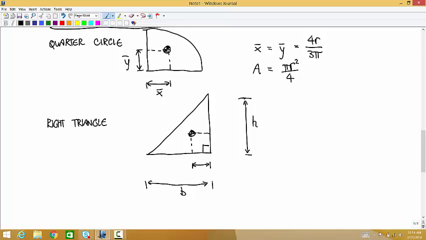Then this distance is B over 3, and this distance is H over 3. I'll call that X bar and that Y bar. X bar is equal to B over 3, Y bar is equal to H over 3, and the area of that shape is equal to base times height over 2.